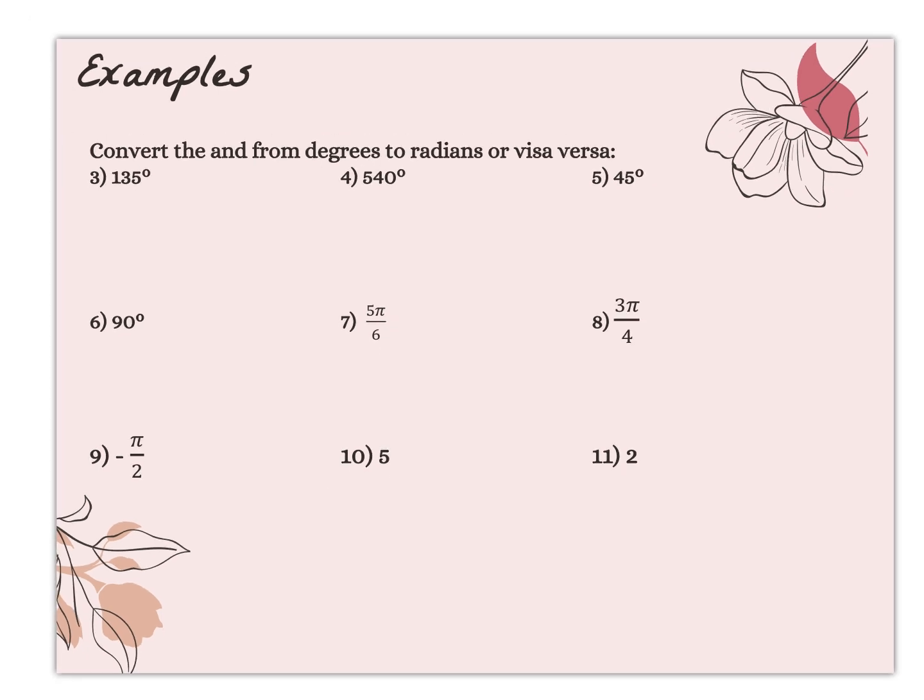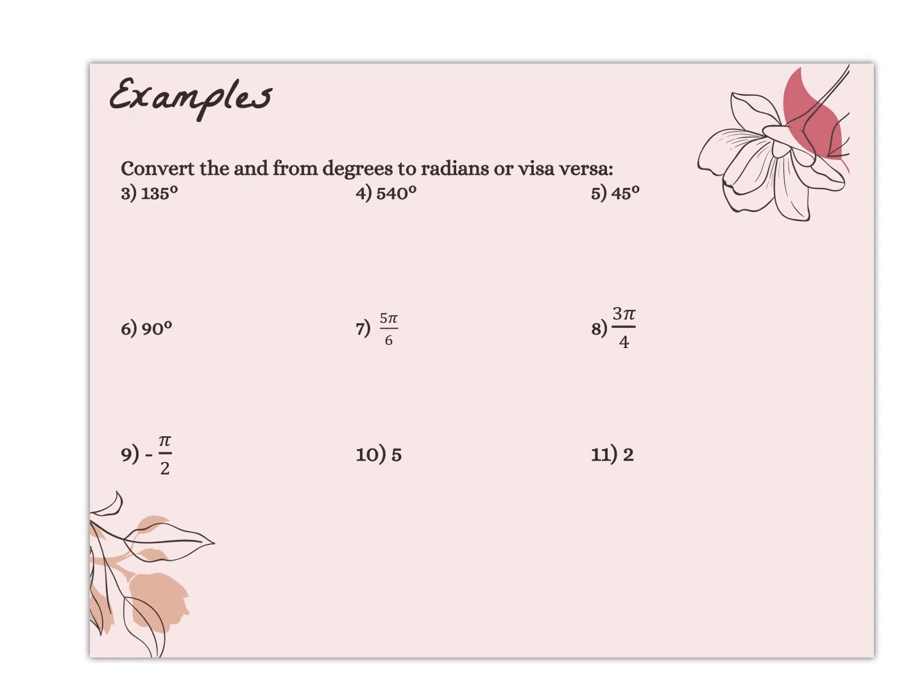So let's kind of work here. I look at number 1 and notice I've been given degrees. For degrees, you want to look for the degree symbol. If it's not there, it's a radian. So if you notice number 10, this is 5. You might think that's 5 degrees, but that's not true. That's 5 radians.